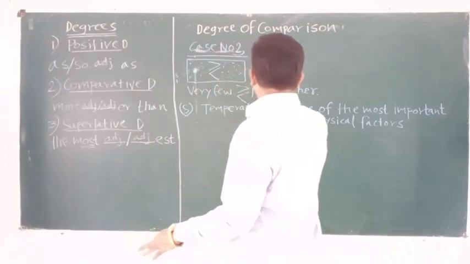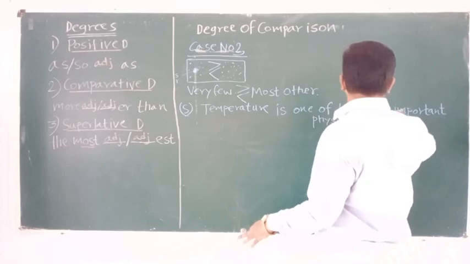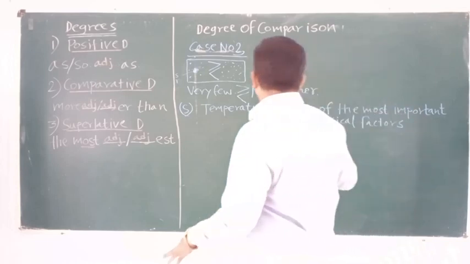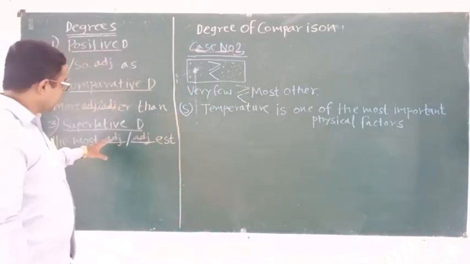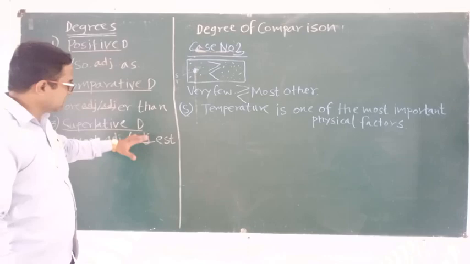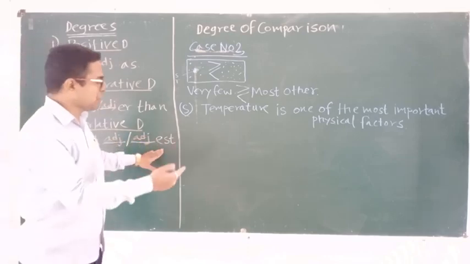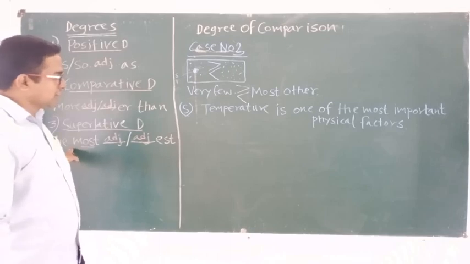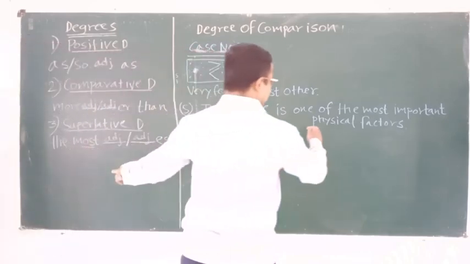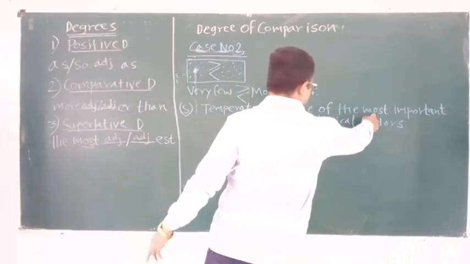Here you can see temperature is one of the most important physical factors. Important, that adjective doesn't carry est form. Here is the est form, and that's why the is compulsory, and after the, most is used.